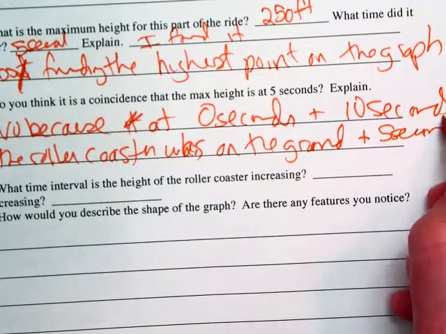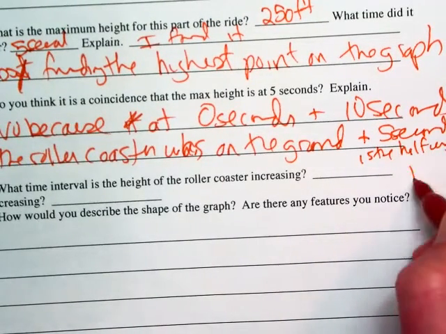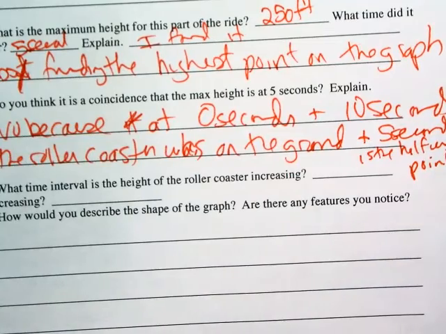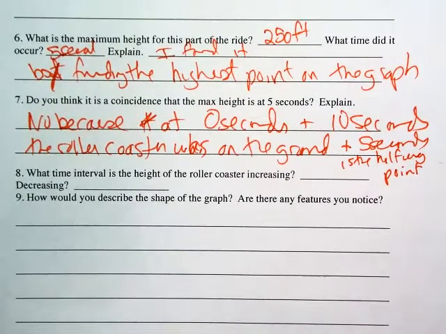Something like that, right? Let me zoom out a little bit. You probably can zoom in. Yeah, so I would say no, because at 0 seconds, at 10 seconds, the roller coaster was on the ground, 0 feet. So it makes sense that halfway between those, at 5 seconds, that's when the highest point was reached.